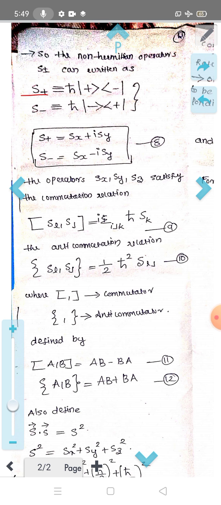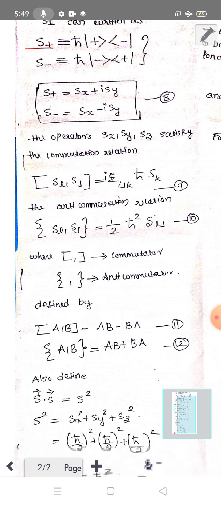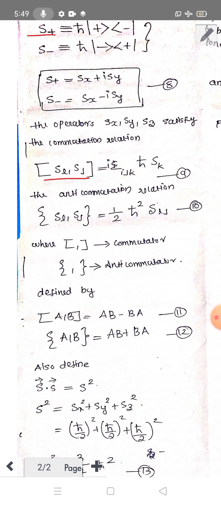So here S plus is defined as Sx plus i Sy, and S minus is equal to Sx minus i Sy. The operators Sx and Sy together with Sz, which we found out earlier, satisfy the commutation relation, that is, the commutation bracket Si comma Sj equal to epsilon ijk h cut Sk. It is called the commutation bracket.